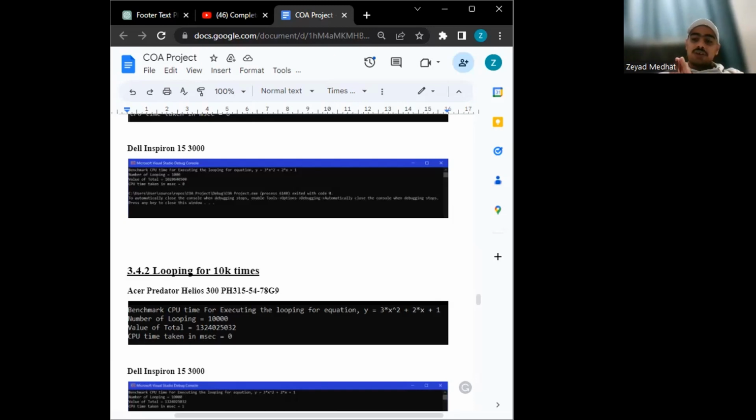So I believe benchmarking is a very important tool in understanding and making the best decision when it comes to selecting computers for our requirements and needs.